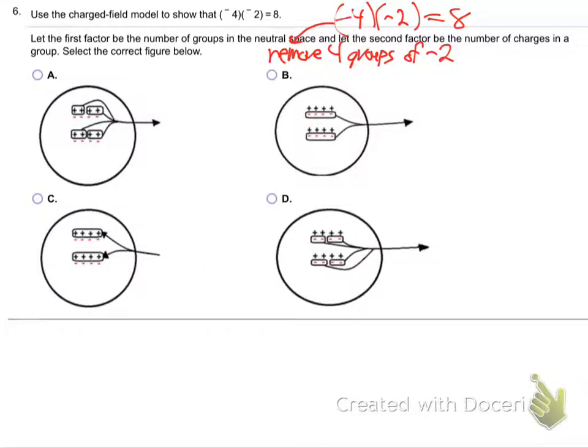But it's negative, it's take away, right? Negative is take away or remove. If it was positive, it would be add in. But it's take away 4 groups of negative 2. That's the real feel. See how we're going for the feeling of negative and positive. Negative is take away, positive is add in. So take away 4 groups of negative 2.